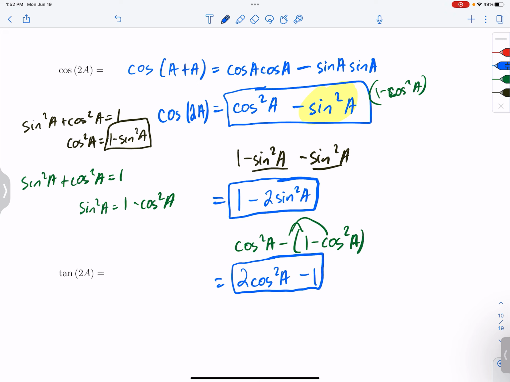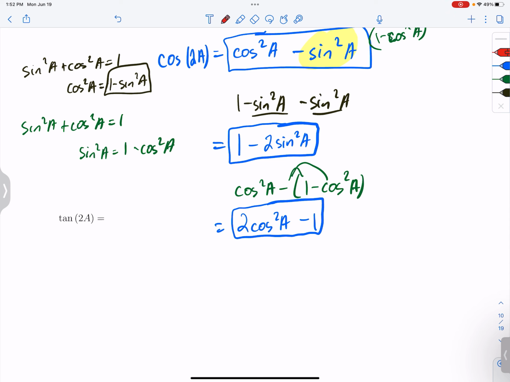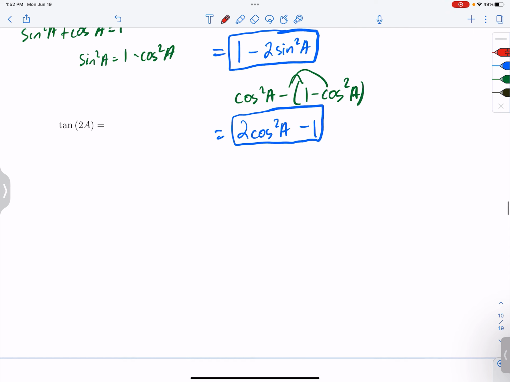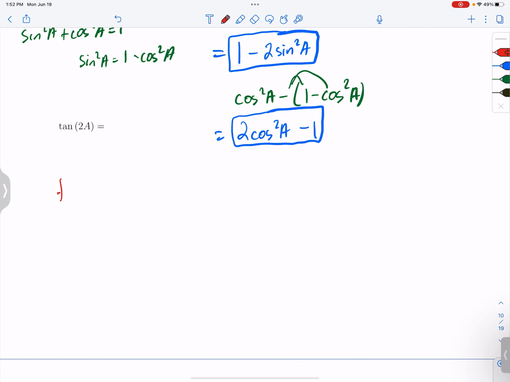Okay, lastly, we have the double angle formula for tangent. And we're just going to derive this from the sum formula for tangent. And remember, this is just tangent of the first plus tangent of the second divided by 1 minus tangent of the first, tangent of the second.